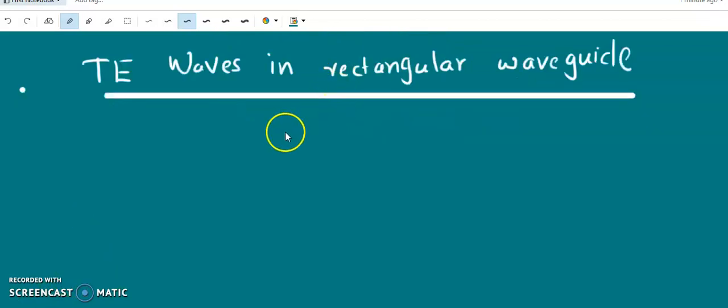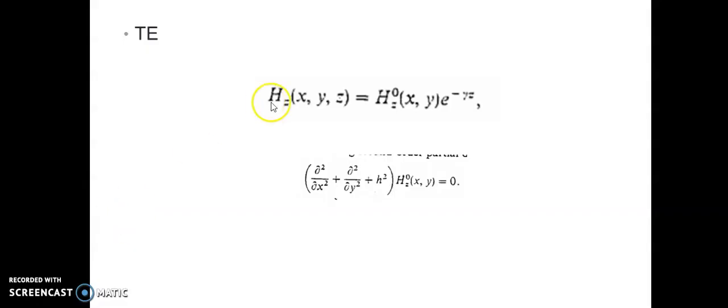And we know that for TE waves, Ez equal to 0 and Ez0 is also 0, and Hz is not equal to 0. So Hz as a function of x, y and z can be written as Hz0, which is a function of x and y alone, into e to the power minus gamma z.